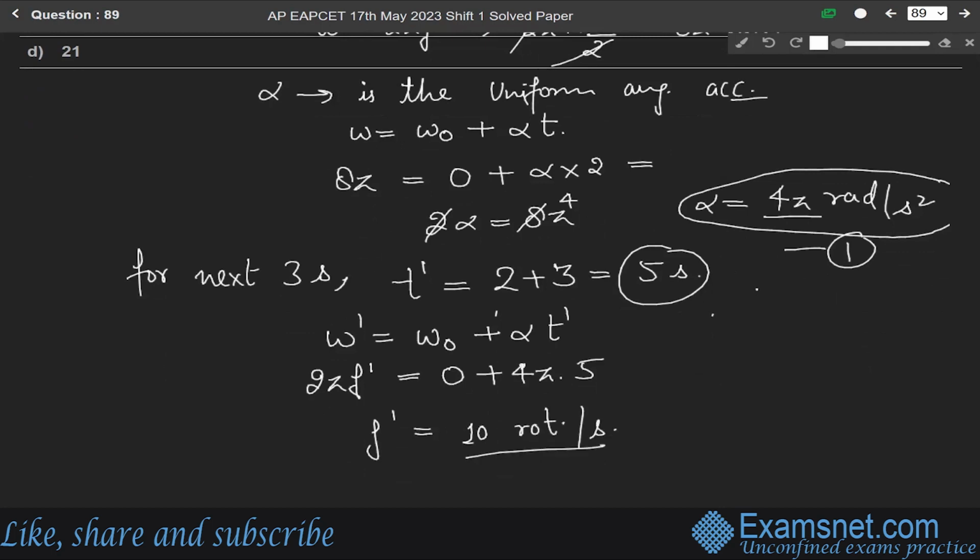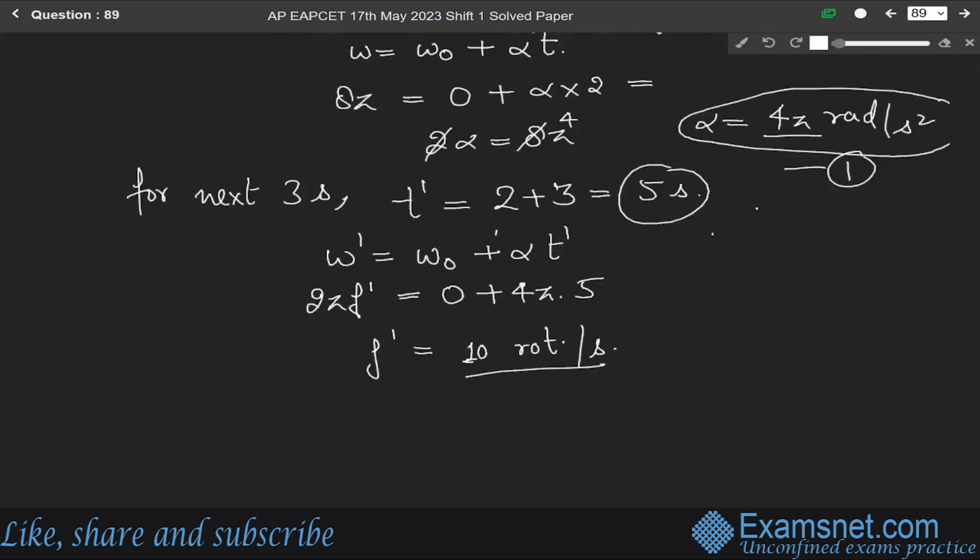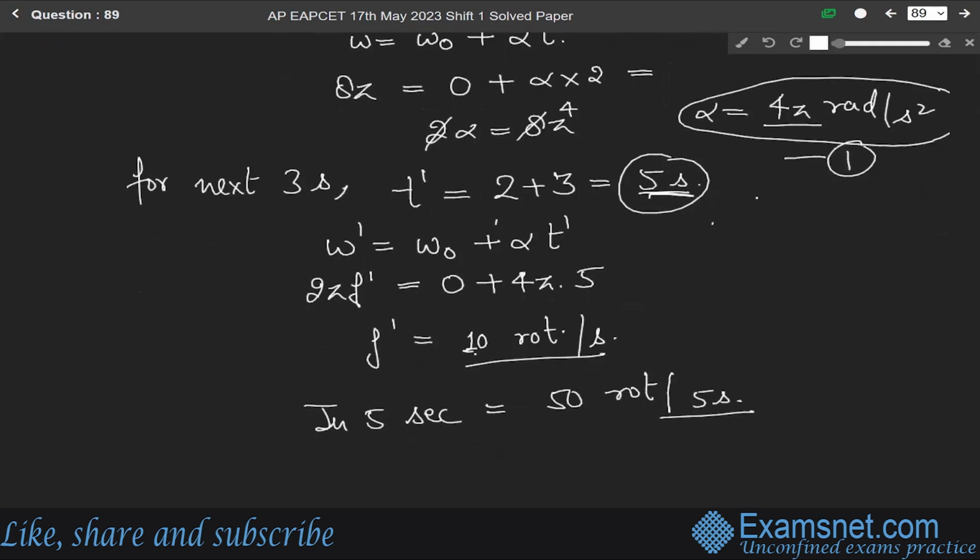It means in 1 second it is doing 10 rotations. So in 5 seconds it will do 50 rotations. In 1 second it is doing 10 rotations, so in 5 seconds it will do 50 rotations.